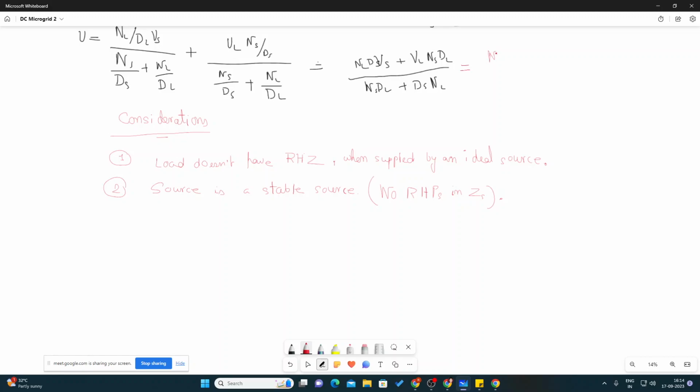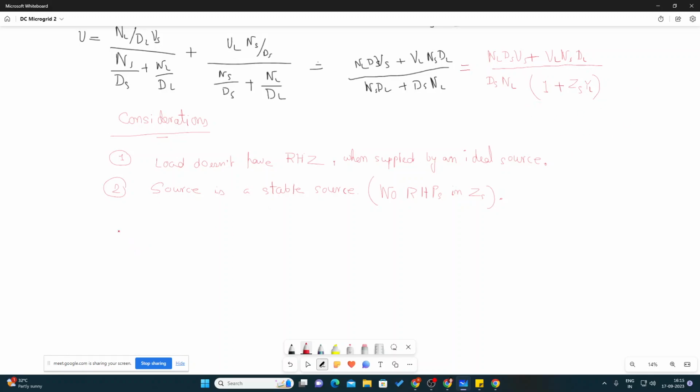So what we can write is NL DS VS plus VL NS DL divided by, taking DS into NL outside, 1 plus NS by DS, which is your ZS, times DL by NL, which is your YL. Since there is no right half element on this side, the right half elements can only be in 1 plus ZS YL.